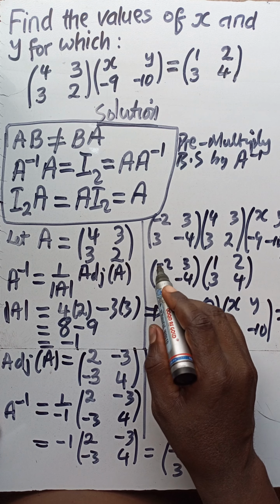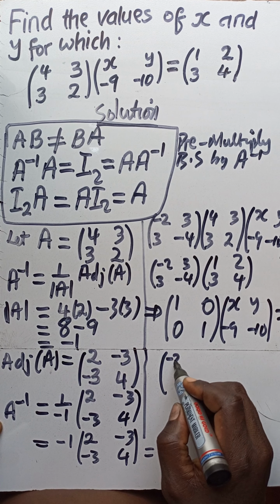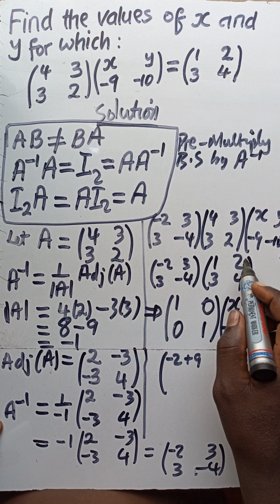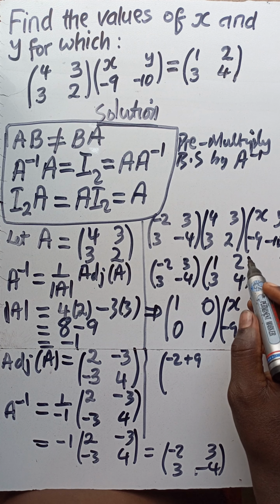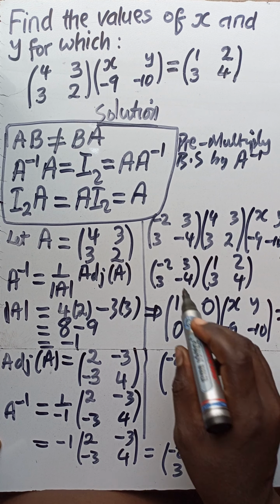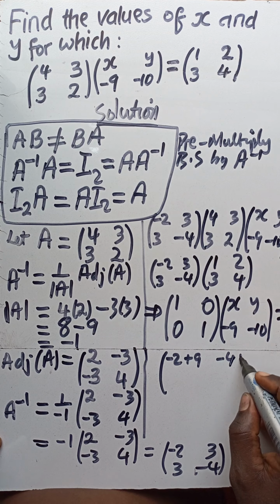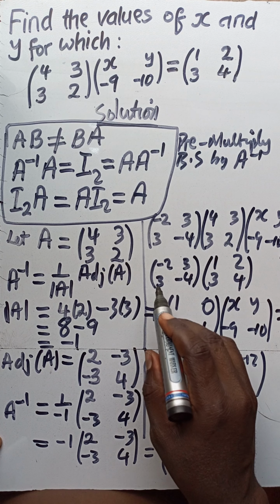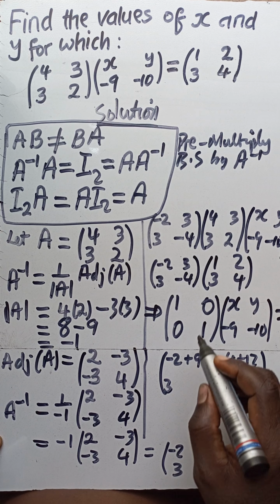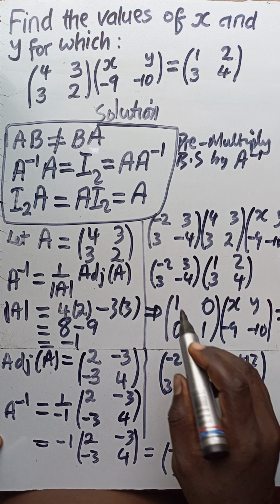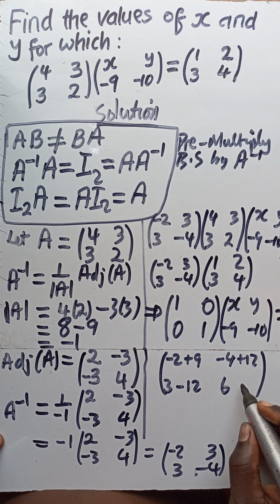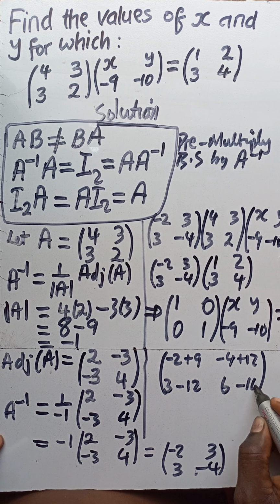This product here, we have -2 times 1 is -2, 3 times 3 is 9. -2 times 2 is -4. 3 times 4 is 12. 3 times 1 is 3. 4 times -3 is -12. 3 times 2 is 6. 4 times -4 is -16.